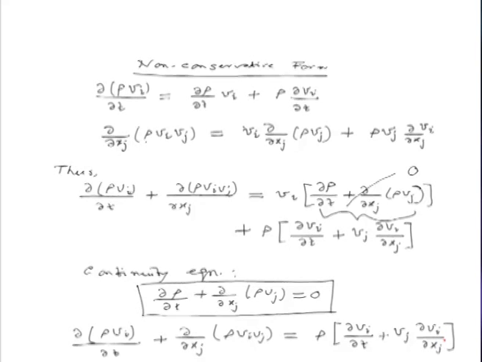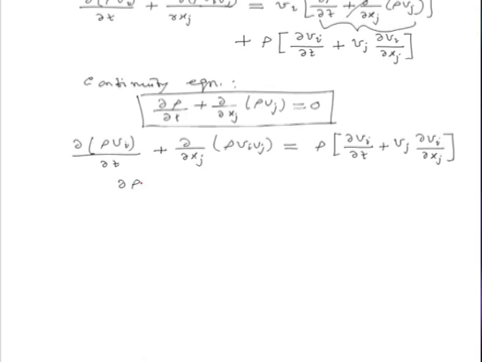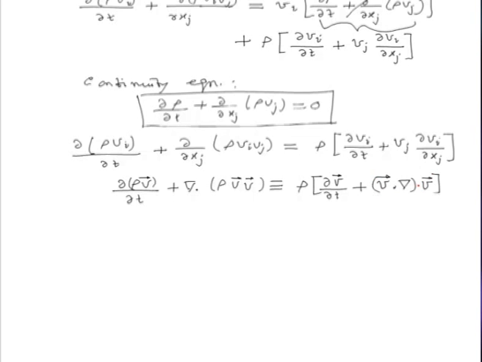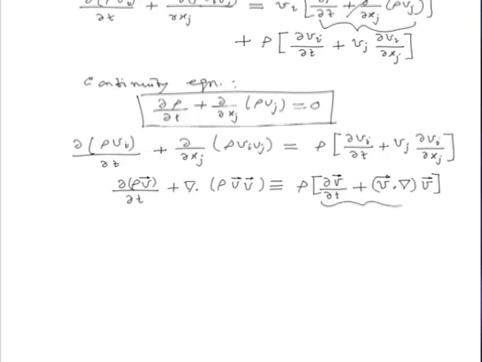We can also write it in tensor notation, so dyadic form. So, dyadic form, the left hand side we had del of rho V over del t plus divergence of rho V V, this is same as rho times del V by del t plus V dot del V. Now, this right hand side bracketed term, that can be identified as the material derivative of velocity field.